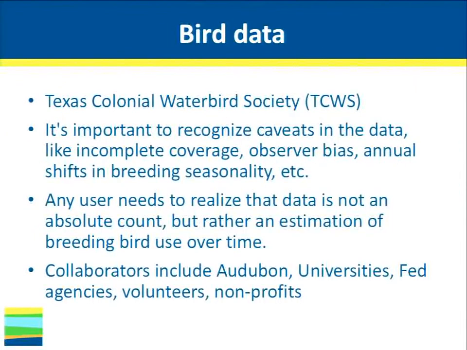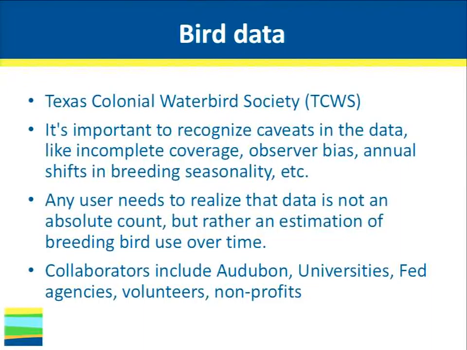So for the new app, we decided to not only include bird data, but also include data on fish and data on water quality. Our bird data comes from the Texas Colonial Waterbird Society, and it's based on volunteers, basically members of the Audubon Society, bird enthusiasts.